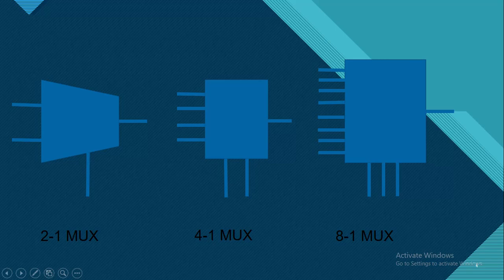A 4 to 1 mux has 4 inputs, 2 selection lines, and still 1 output. Whereas an 8 to 1 multiplexer has 8 inputs, 3 selection lines, and 1 output.